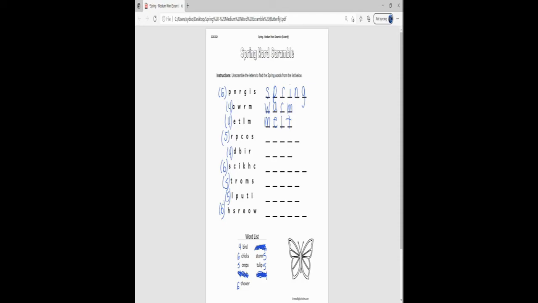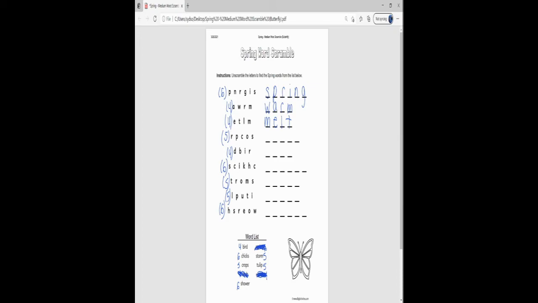Does that match R-P-C-O-S? You're right, it doesn't. Let's look at storm. They both have an S, they both have an R, and an O. But that scramble has a P and a C. So that means storm doesn't match.